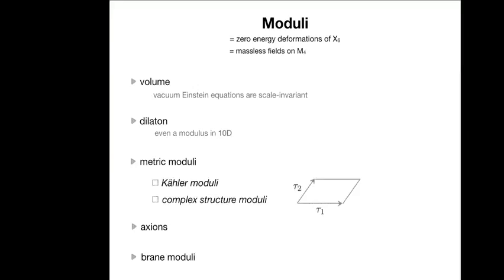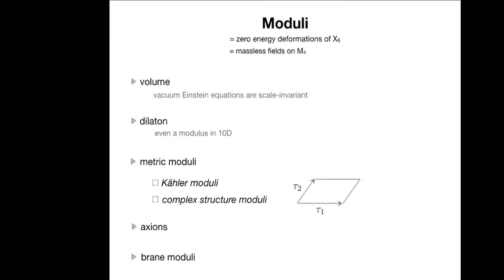And I want to show you this actually next time. The dilaton itself is a modulus. It's even a modulus in the 10-dimensional theory. Then we have 2 types of metric moduli. So the additional cycles and complex structure deformations of the compactification that can be light at low energies.